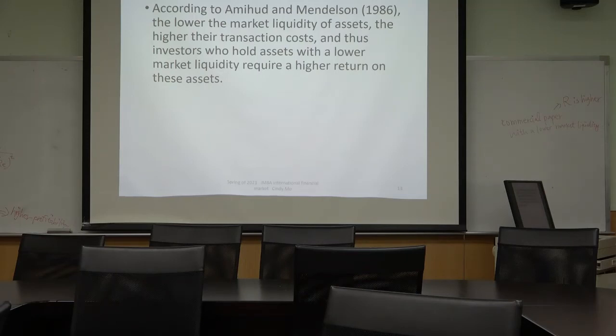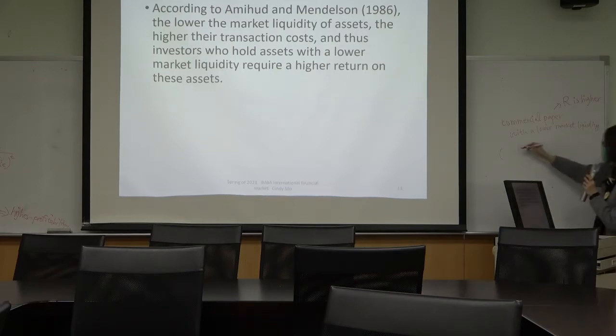So the idea is this: the lower the market liquidity of the commercial paper, the higher the rate of return on the commercial paper.